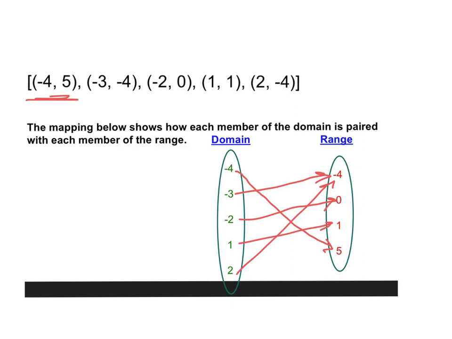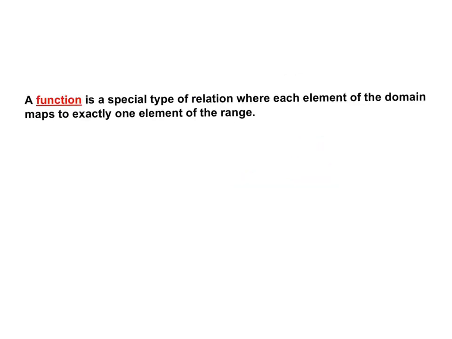One of the things that we do with relations is determine if they are functions, okay? And in order for a relation to be a function, here's what has to be true. It's a special type of relation. No, write it down. A function is a special type of relation where each element of the domain maps to exactly one element of the range.